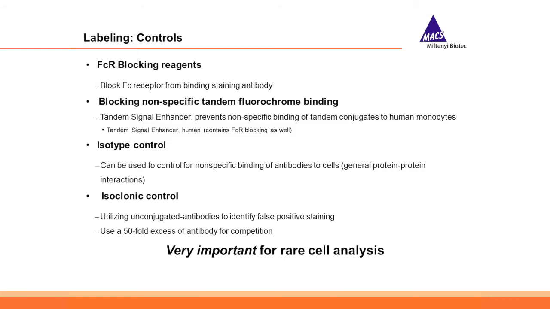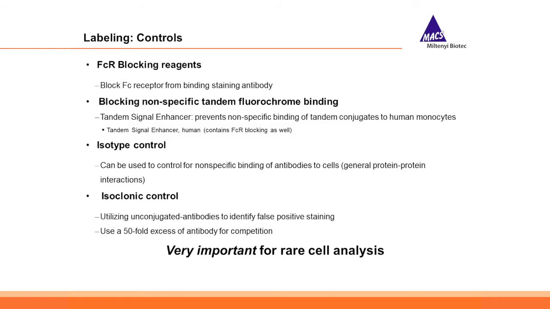Then, for all the interactions that we don't know, so we don't know why an antibody sticks to the cell surface, we can use control samples. These are separate samples with the same cells. But in the case of the isotype control, instead of your staining antibody, you put in a non-specific antibody that has no specificity for your cells, but is from the same isotype, the same antibody class, and is coupled to exactly the same fluorochrome.